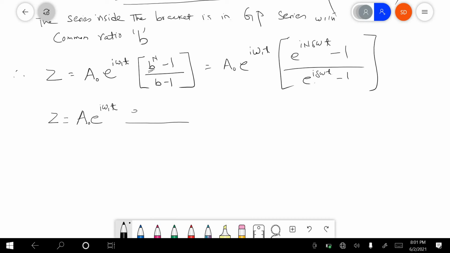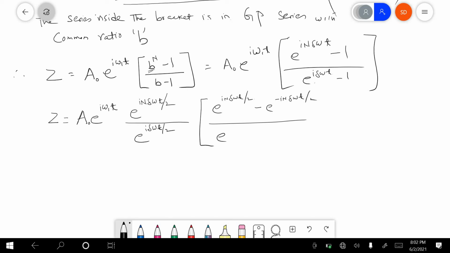So if you take e to the power i n del omega t by 2 as common, and in the denominator e to the power i del omega t by 2, so here I am getting e to the power i n del omega t by 2 minus e to the power minus i n del omega t by 2 divided by e to the power i del omega t by 2 minus e to the power minus i del omega t by 2.